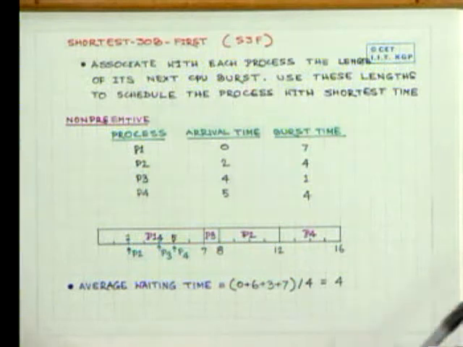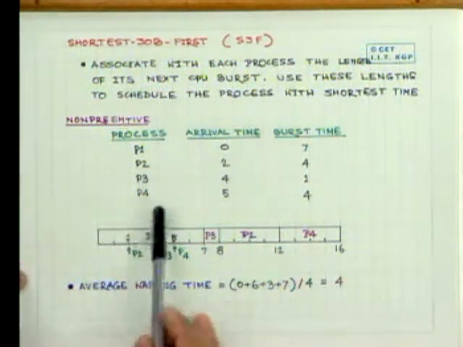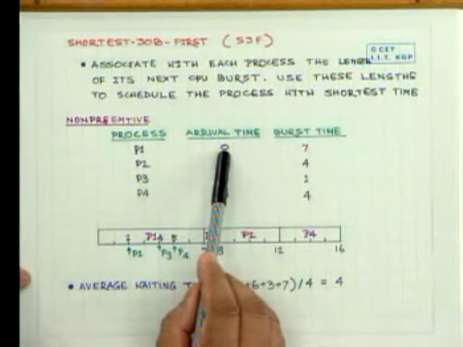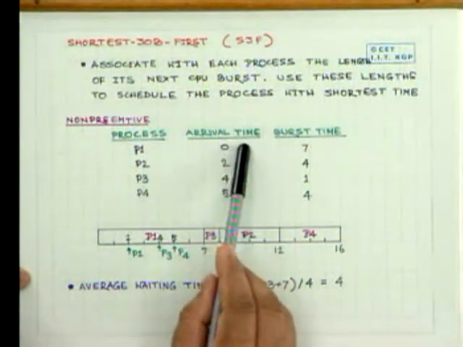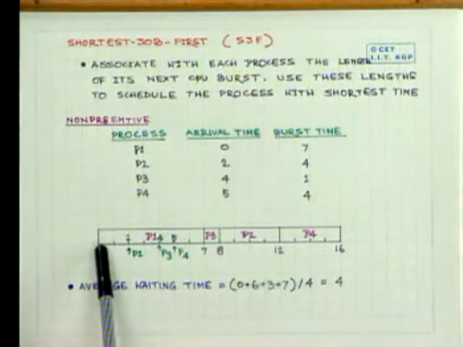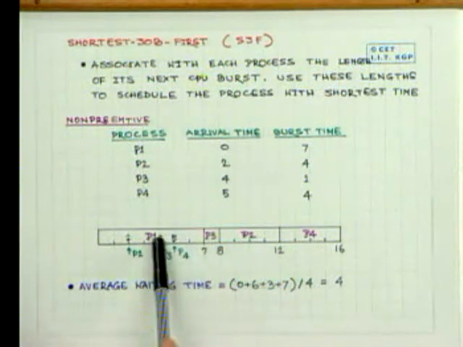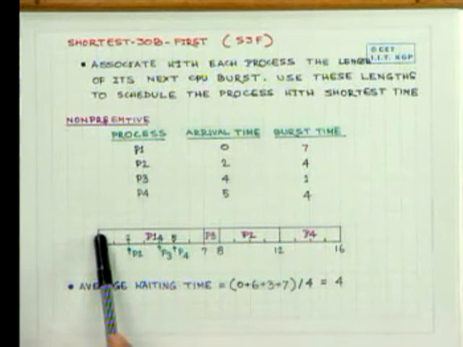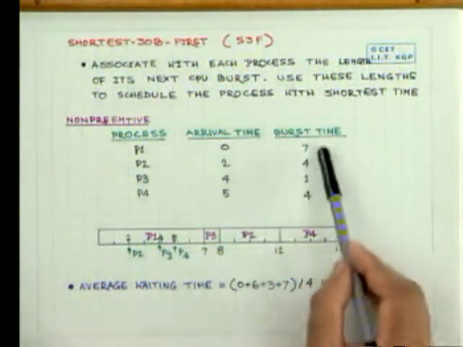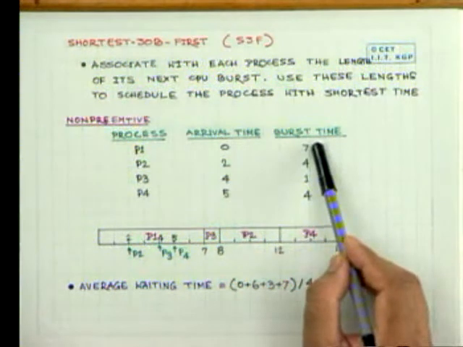Now, P1 has arrived at the 0th instant of time, and there is no other process in the ready queue. Then P1 is scheduled here and is running. You see in the Gantt chart that P1 starts from here and takes 7 units of time, and it goes on till it goes into the IO wait state.